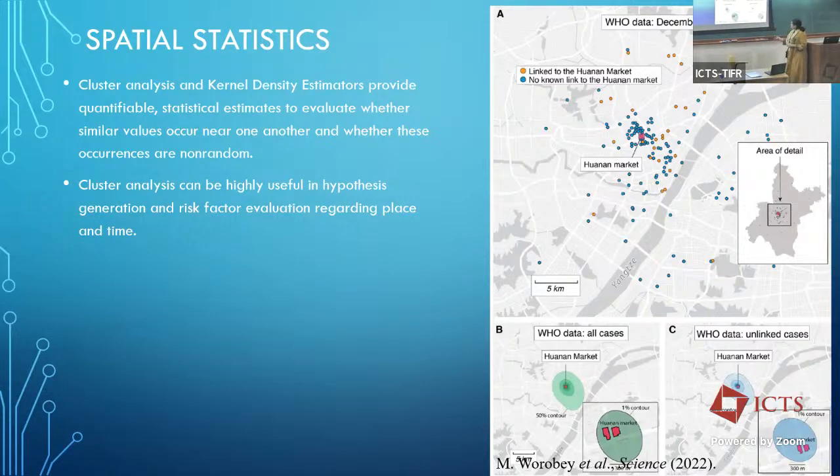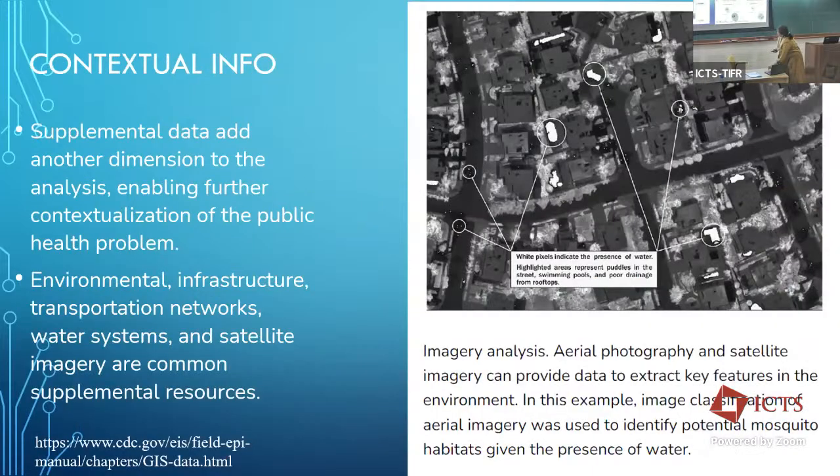So they used this to argue that this is evidence that this market was the point of origin of SARS-CoV-2, and they did this using spatial point pattern analysis and kernel density estimates. Any questions, doubts? Okay.